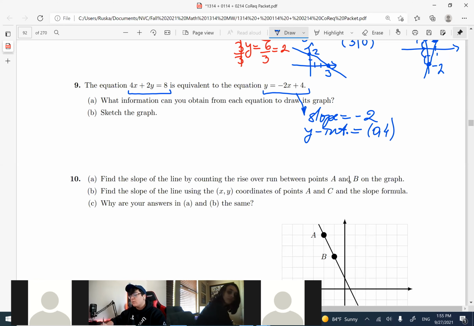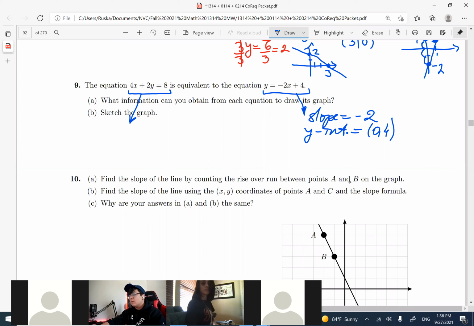Now, if I have the first equation, what information can I get from this equation? Since the slope is -2, you'd be going down 2.